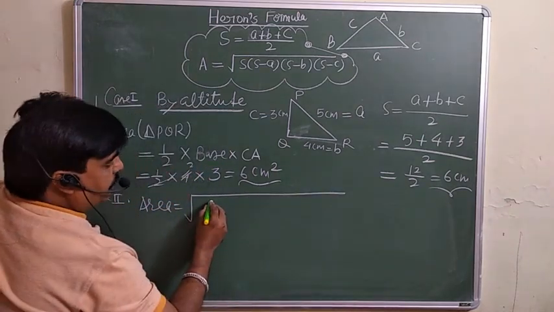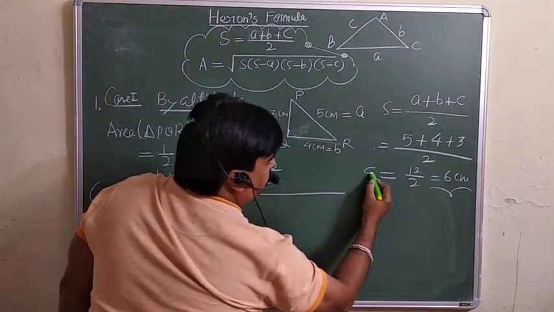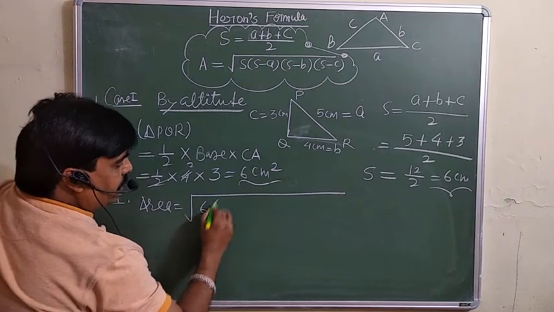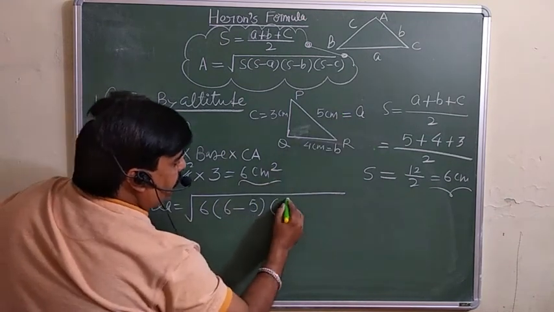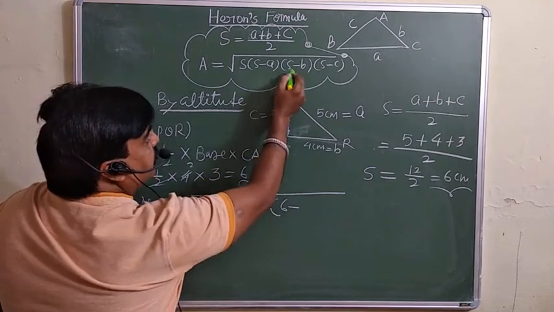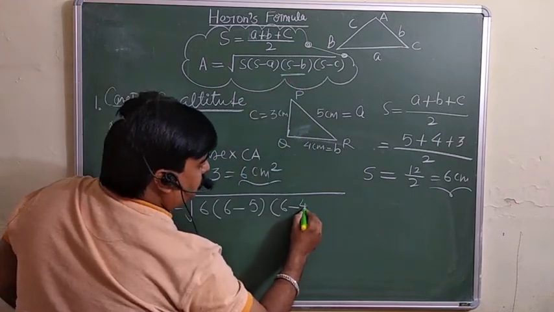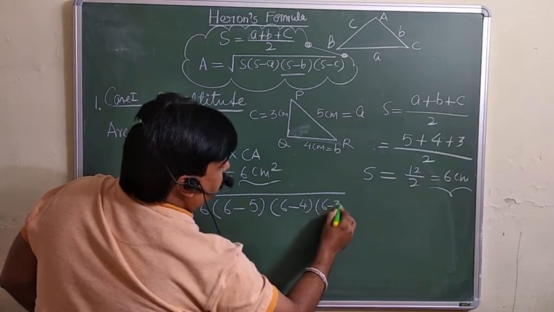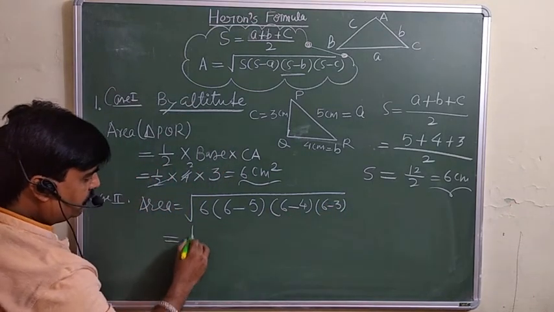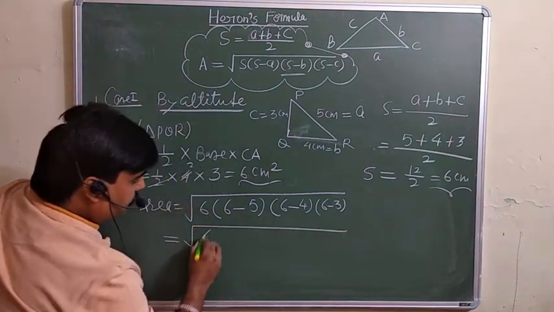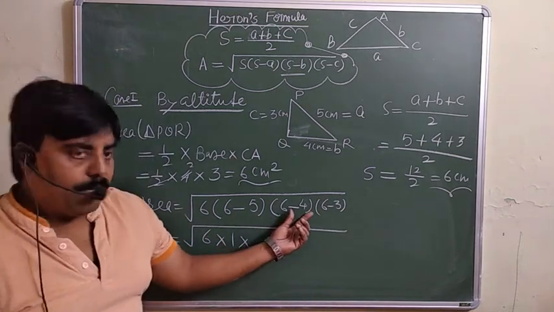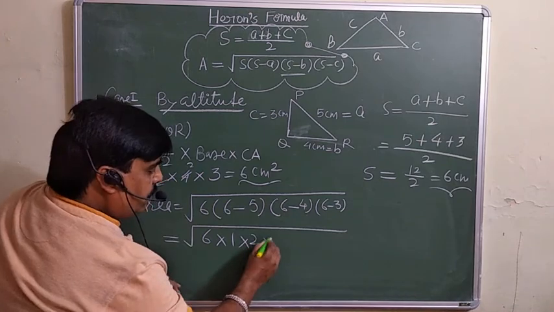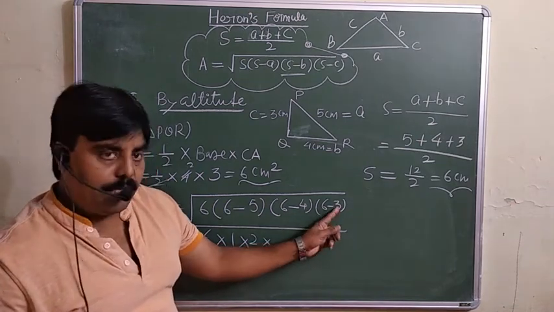directly I am doing S. This is your S. So S, into S minus A, which is 5, into S minus B, that is 4, S minus C is 3. So if we calculate this, under root 6, 6 minus 5 is 1, 6 minus 4 is 2, into 6 minus 3 is 3.